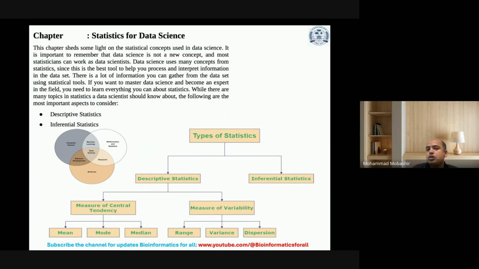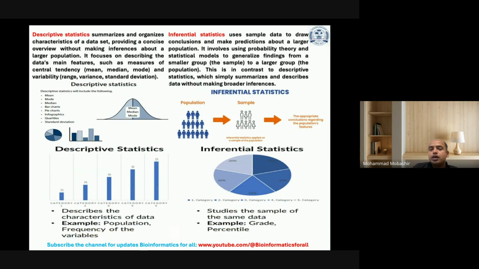So this is descriptive statistics. In terms of descriptive statistics, you can easily see what you need to calculate: mean, mode, median, bar charts, pie charts, infographics, quartiles, standard deviation, error bar plots. All these things you can do easily.